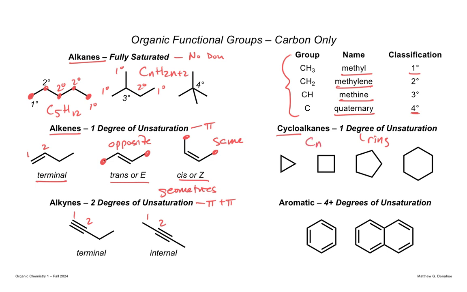So again, these would be CnH2n now. And if we start with a ring and further unsaturate it by adding pi bonds, we can get aromatic compounds. And so this is called benzene. It has 1 ring plus 3 pi bonds. So that's a total of 4 degrees of unsaturation.